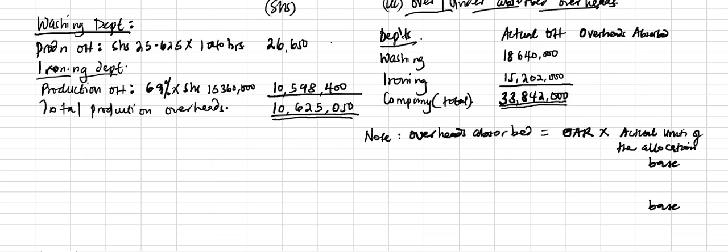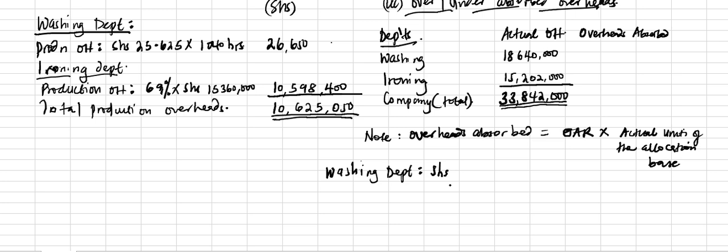Washing department. The overhead absorption for the washing department is a machine hour base rate, and that is shilling 25.625.